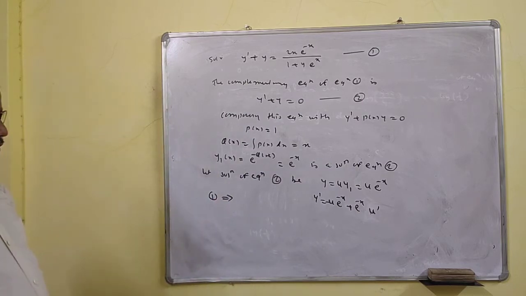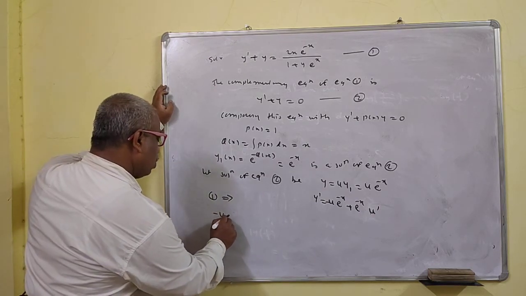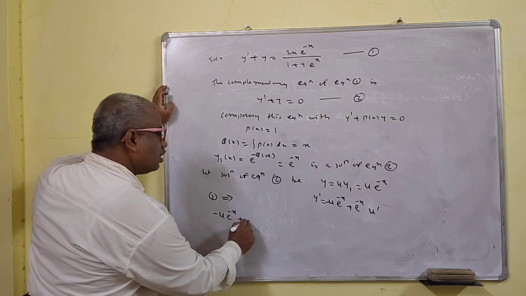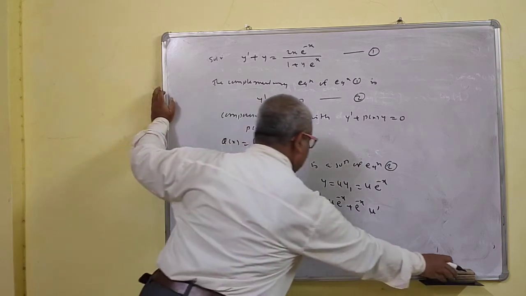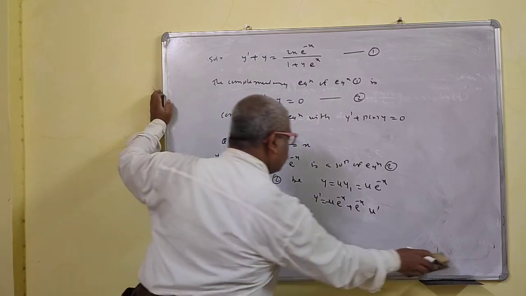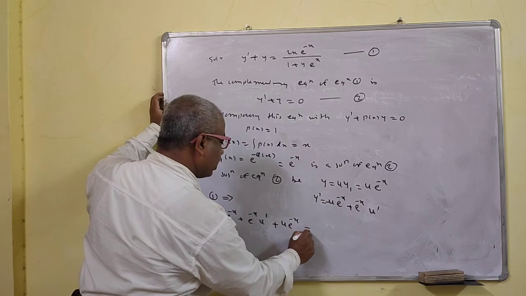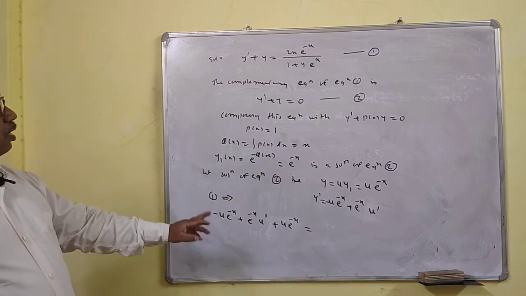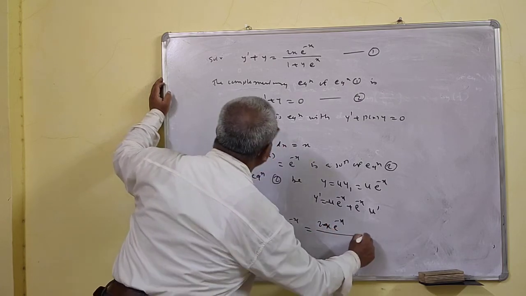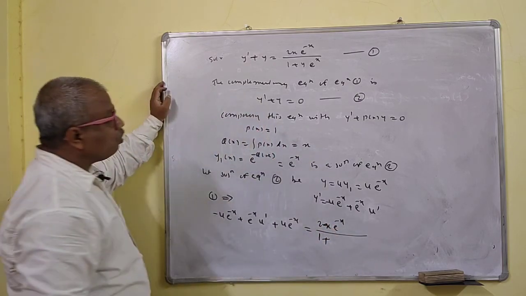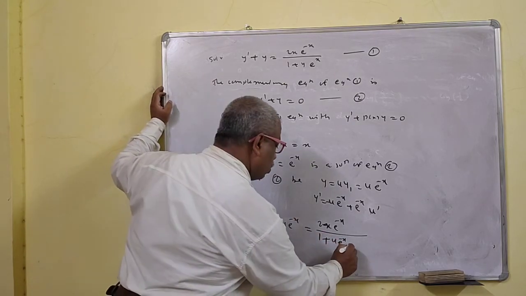Now we put this in equation 1. Your y prime is minus u e raised to minus x plus e raised to minus x u prime, plus y. What is your y? y is u e raised to minus x. On the right, twice x e raised to minus x upon 1 plus y, where y is u e raised to minus x into e raised to x.